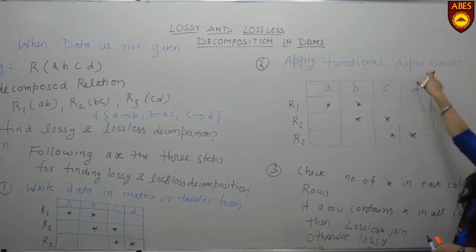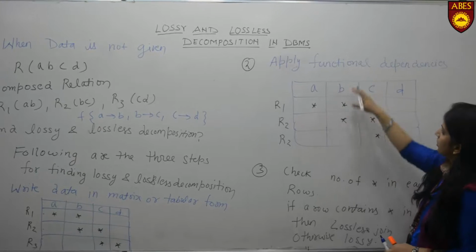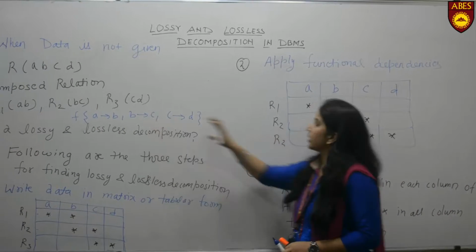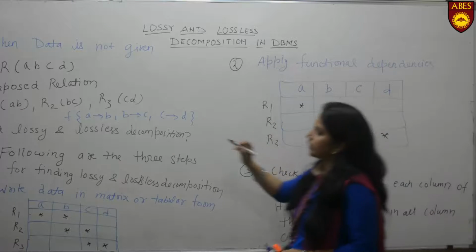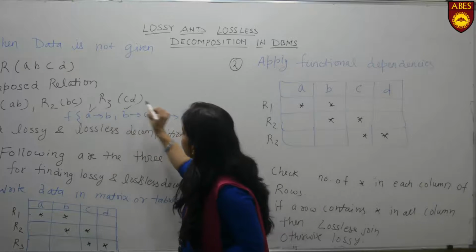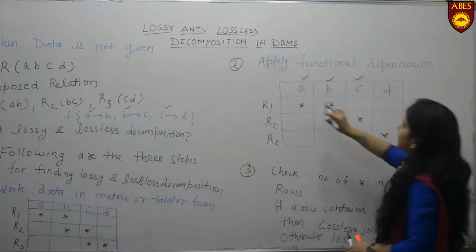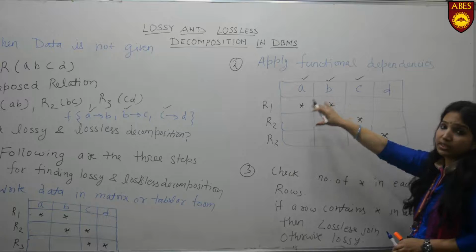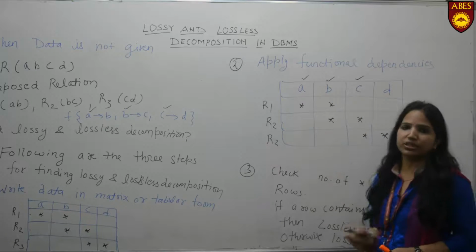For applying the functional dependencies of the original relation, we will check which determinant of the original functional dependencies contains a minimum of 2 stars in its column. Here the determinants are A, B and C. So for A, B and C, we will check the stars in these 3 columns, because A, B and C are the determinants of the original relation.